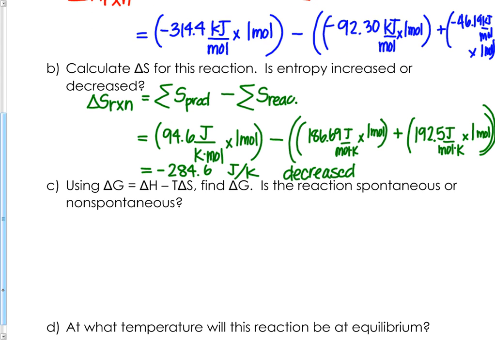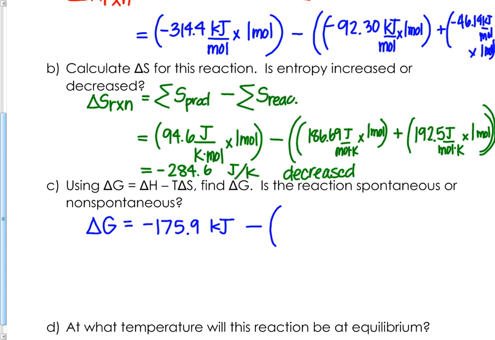Now, it says using delta G equals delta H minus T delta S, find delta G. So now, although you could do this using individual G values, we want to verify that this equation works. So delta G equals, now delta H we found to be negative 175.9 kilojoules. And then minus, and we want to plug in our temperature.